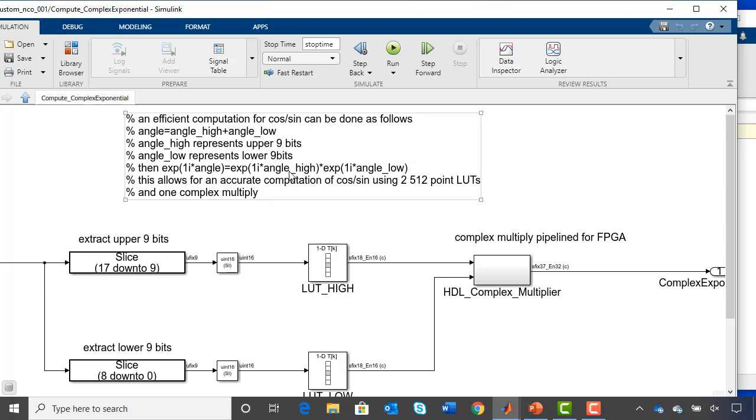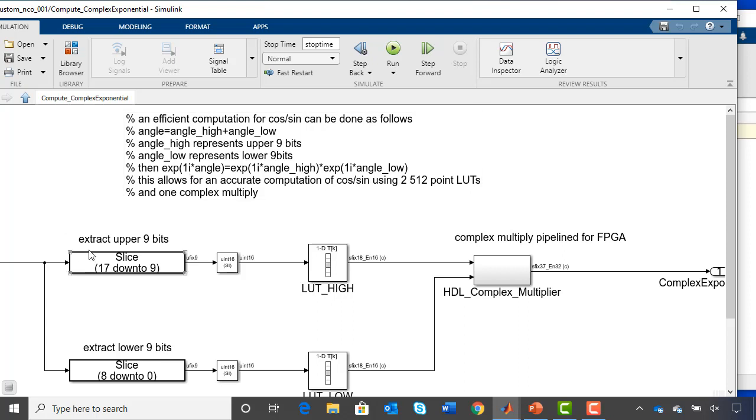One 9-bit lookup table would represent the upper 9 bits, and the other would represent the lower 9 bits. If you then do a complex multiply between those two, the angles would add, and that would represent the entire e to the j theta. So you now have the accuracy of an 18-bit lookup table while only using 2 9-bit lookup tables.